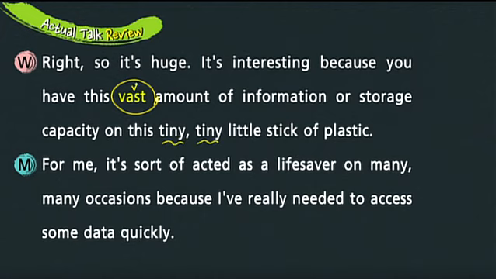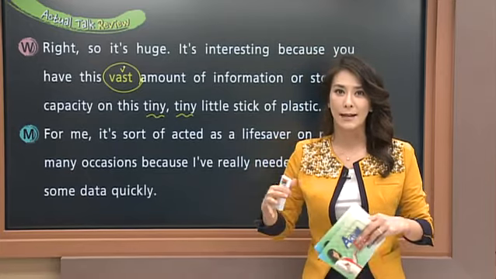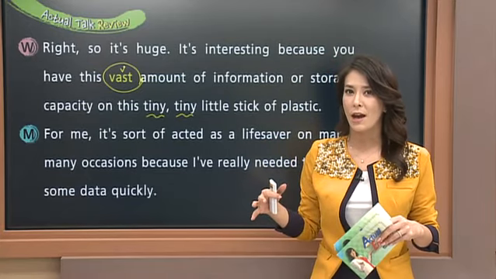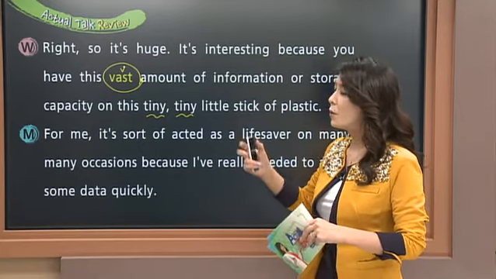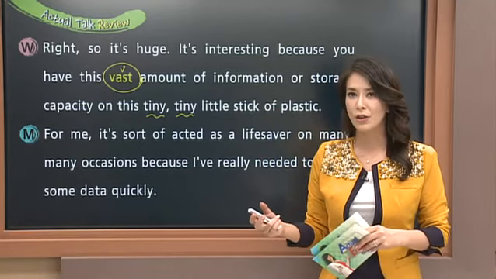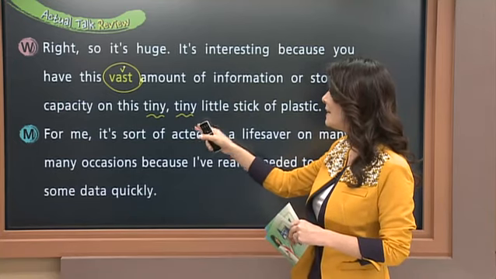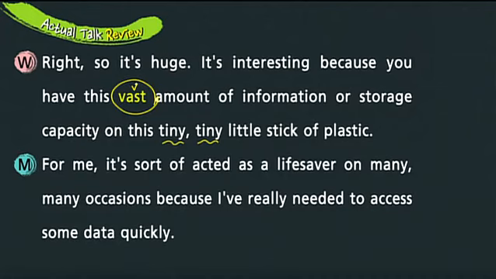Vast is what? Vast is just another word for great, huge, okay, limitless. So she's saying you can store a vast amount of information where? On this tiny little stick of plastic. Of course, she's talking about the USB sticks, all right? And then Eugene says, for me, it sort of acted as a lifesaver on many, many occasions because I really needed to access some data quickly.